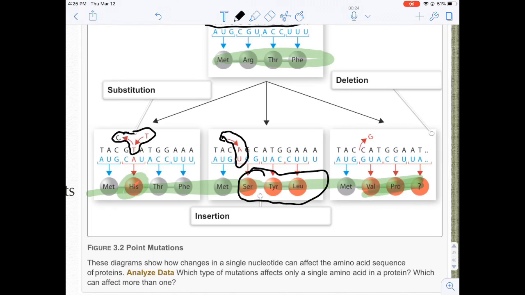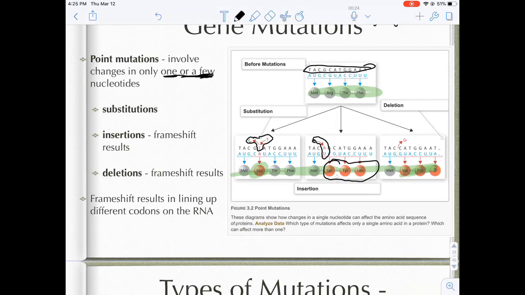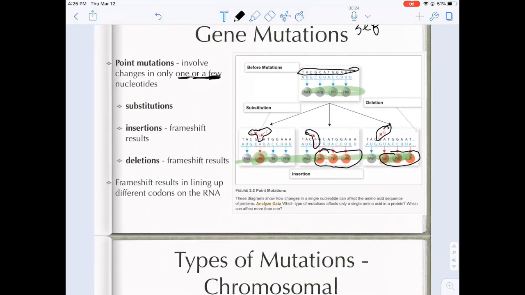This next one is the opposite, but it kind of has a similar impact. So here we got rid of the G nucleotide, and because of that, it has shifted our sequence of bases, and that also resulted in a change in our amino acids.